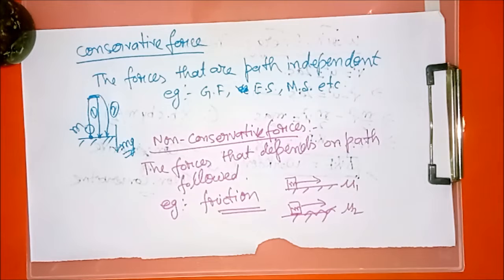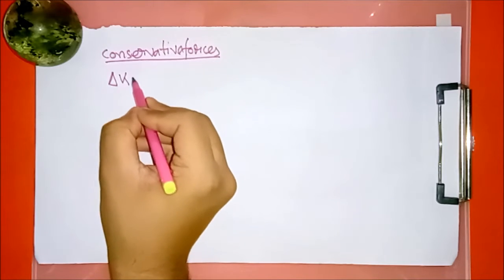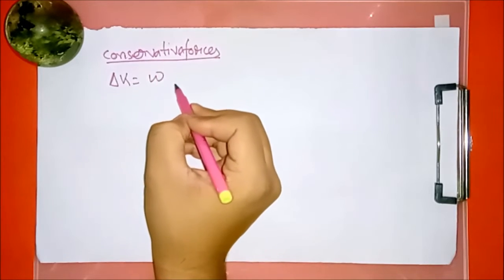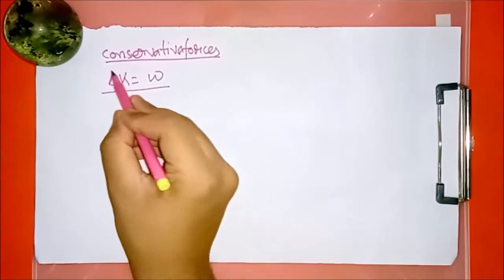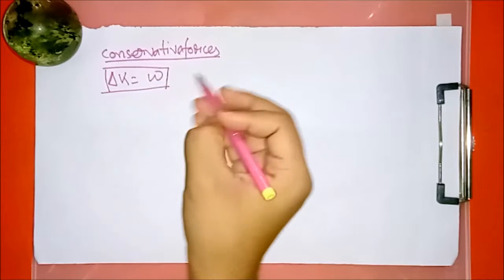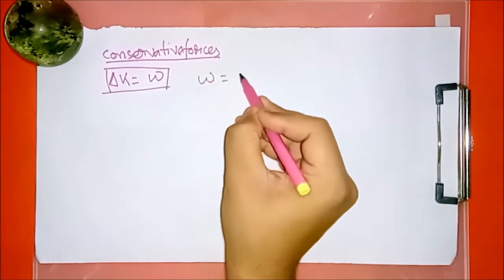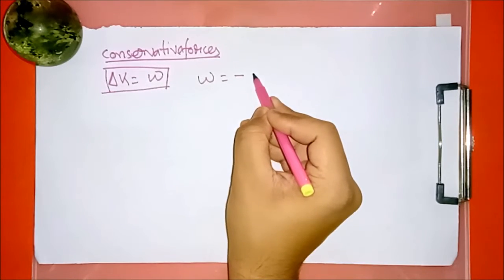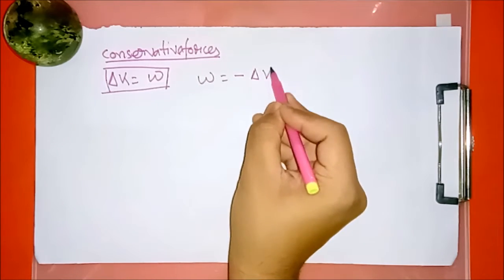Now the manipulation of the work energy theorem due to these conservative and non-conservative forces is very important. So let's see that. Delta K is equal to work done, which is our elementary idea of the work energy theorem. But for conservative forces, this work done is also equal to the negative of the change in potential energy.